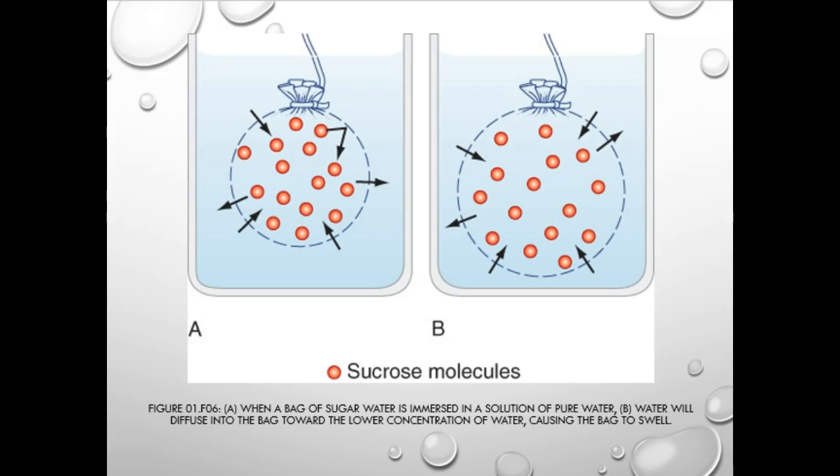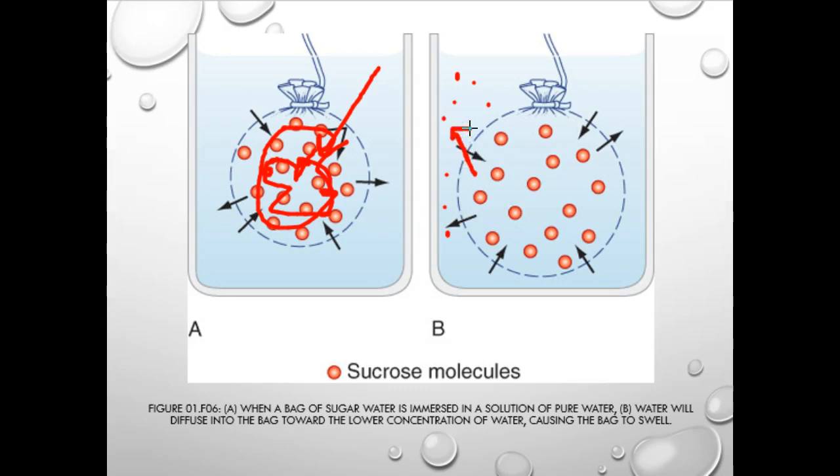So if we have a ton of particles in here, and suppose this is a cell, water will start to move in because water can pass through that cell membrane, okay? On the other side, if we have a lot of particles out, I don't like this picture for this example. If we have a lot of particles out, we can move water out of the cell to the environment, okay?